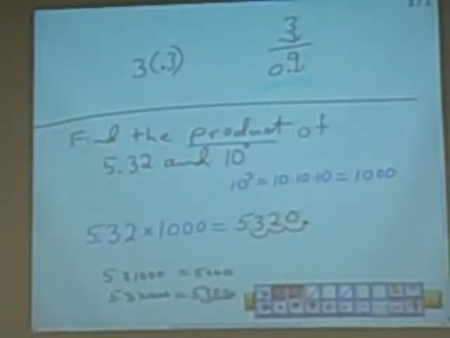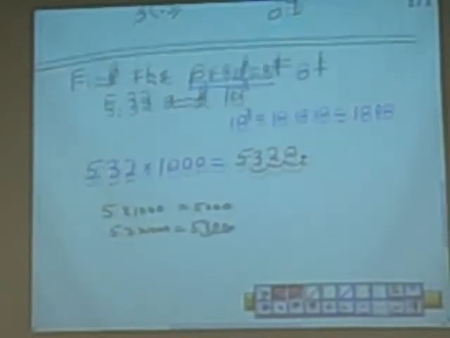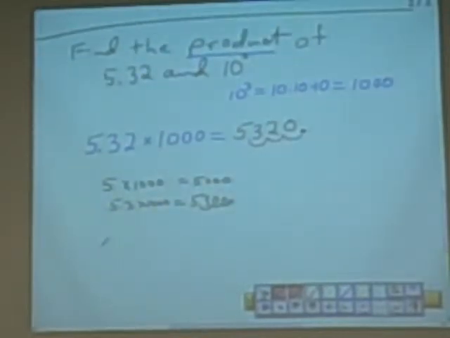So no matter how many digits you have, if we had, let's say, 5.3214 times 1,000, we've got 5.3214, right?